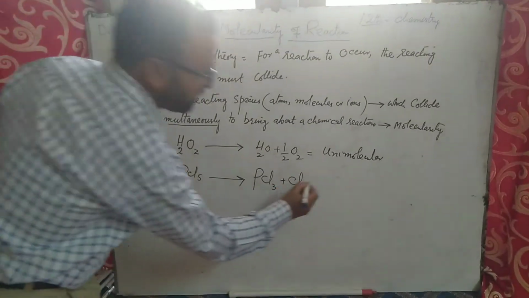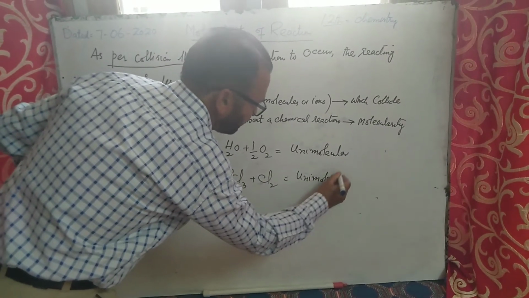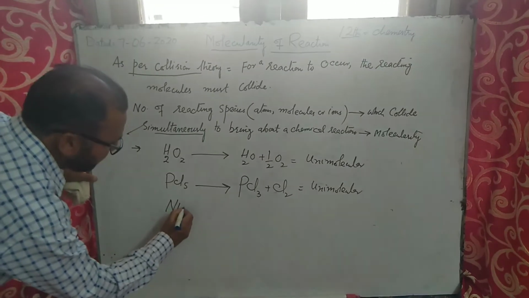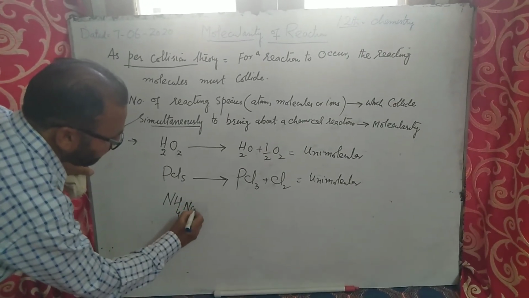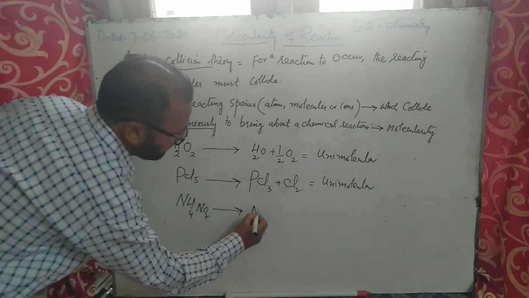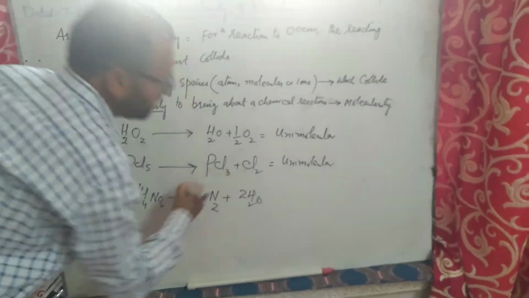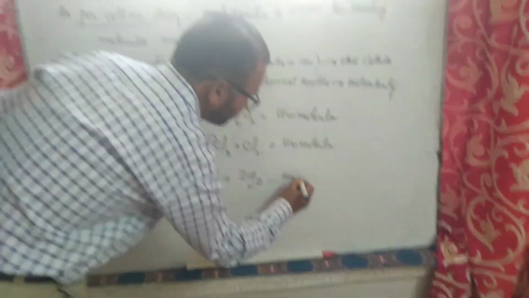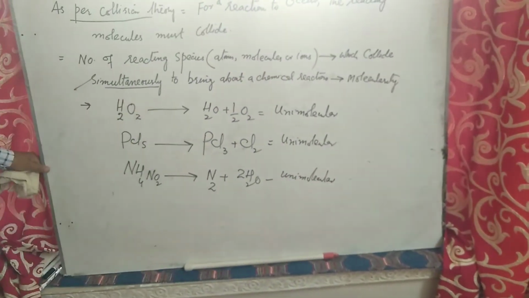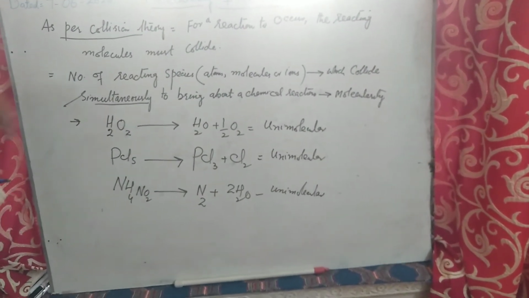So it is also unimolecular. Again, the decomposition of ammonium nitrite gives nitrogen gas plus water. So it is also unimolecular. So the number of molecules which collide simultaneously to bring about a chemical reaction is the molecularity.